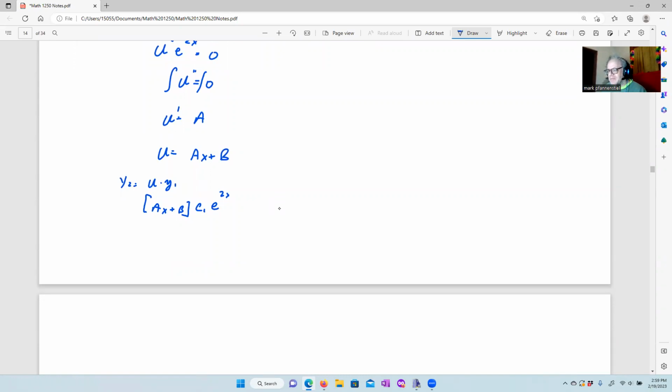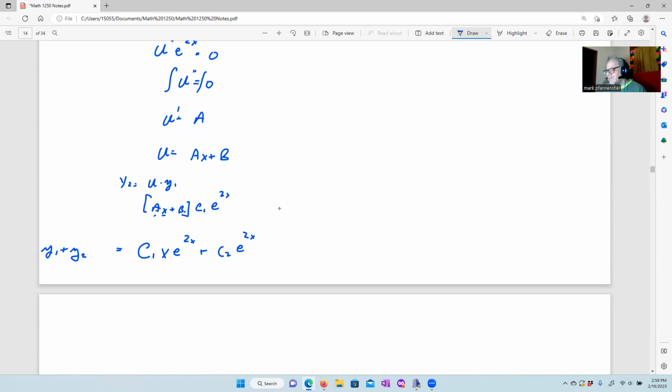So a times c, a is a constant, c is a constant. We multiply them together, we get a constant. I'm just going to call a times c, c1, and then what do we have left? We have x e to the 2x, and then b times c1, I'm going to call c2, e to the 2x.